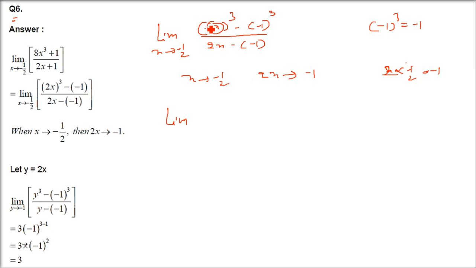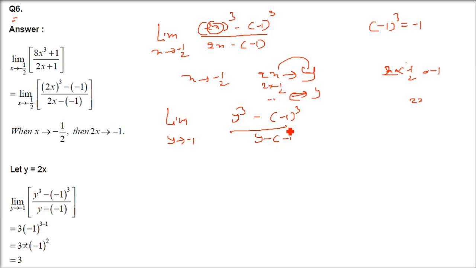Y will tend to minus 1. 2x we cannot directly put. We are taking 2x as y and changing the limits. So limit y tends to minus 1, and this 2x I am putting as y cube minus minus 1 whole cube, over y minus of minus 1.